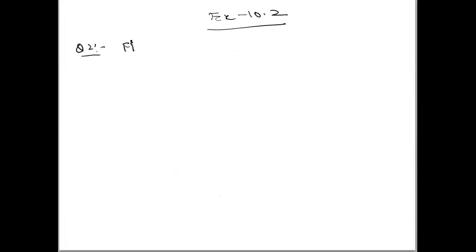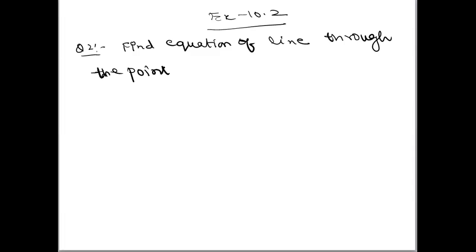Find equation of line through the point minus 4 comma 3 and slope is 1 by 2. You people will solve it and give me the solution right now.